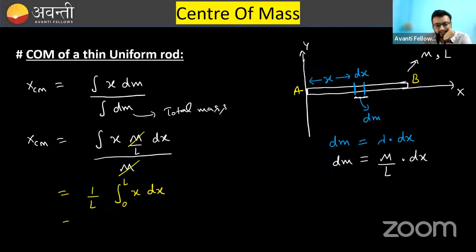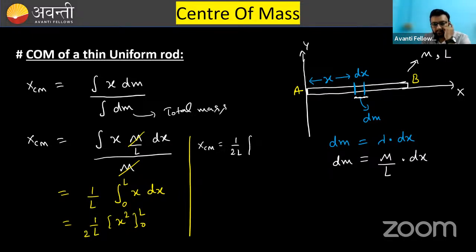If you integrate it, it becomes 1 by L, and the integral of x is x square divided by 2, with limits 0 to L. So xcm equals 1 by 2L times upper limit minus lower limit, L square minus 0. L will cancel out. The x coordinate of the center of mass will be L by 2.